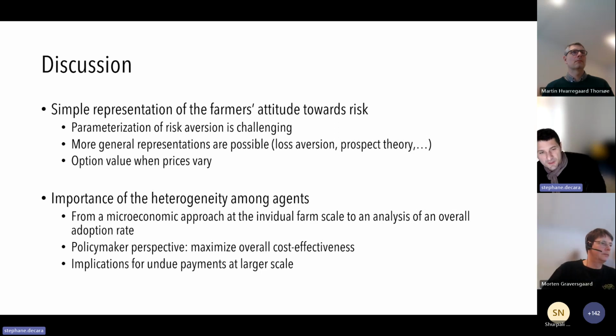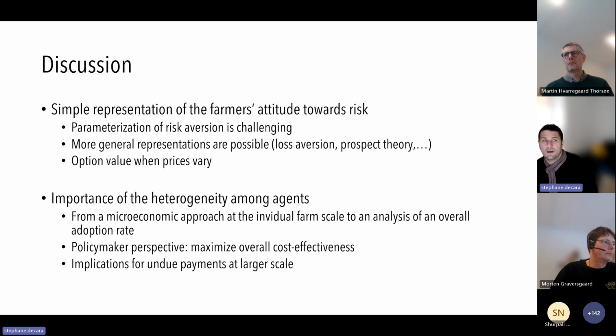And from a policymaker perspective, to maximize the overall cost effectiveness, you have to harness this heterogeneity, and the possibility of farmers being able to choose between different designs may enable you to harness some of these cost effectiveness gains.